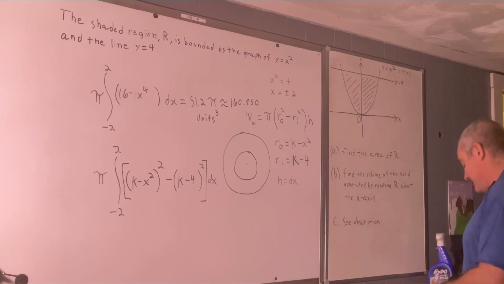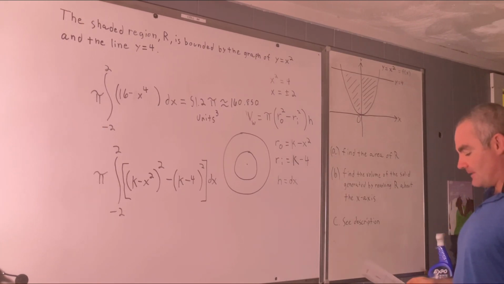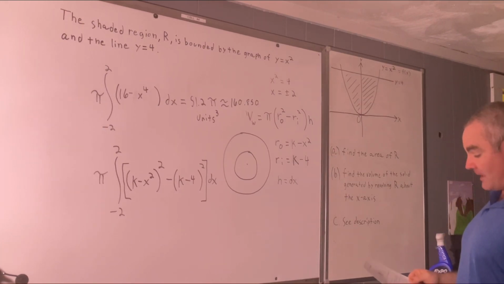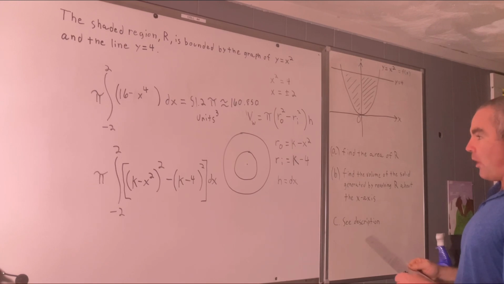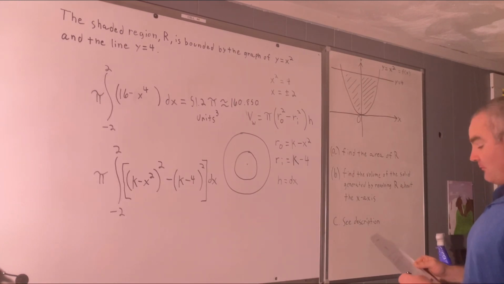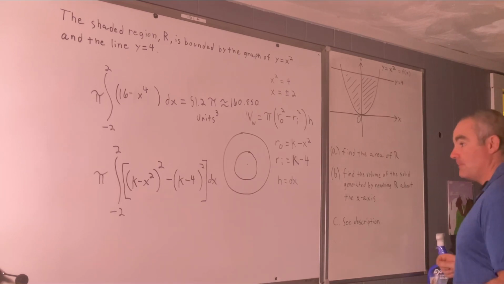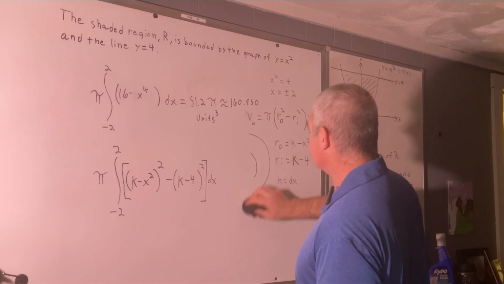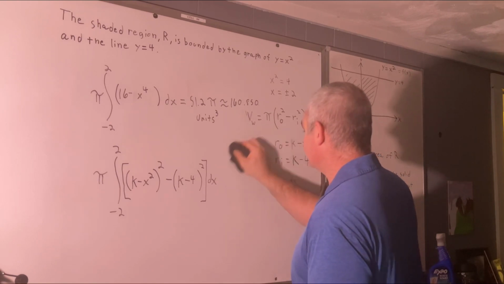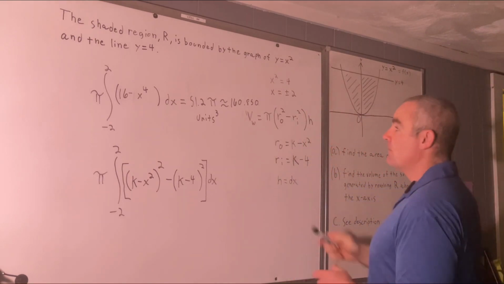But what does the question say? It says, write but do not solve an equation involving an integral expression that can be used to find the value of k. What do we want this whole thing to be equal to? We want it to be equal to the same thing as we got in part B, which is this.